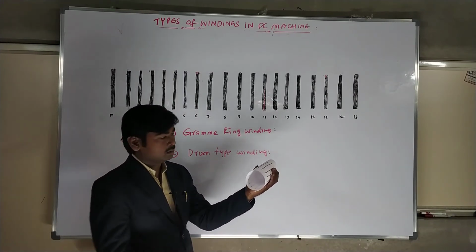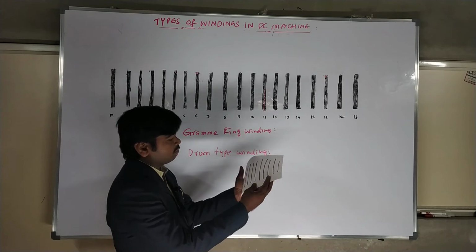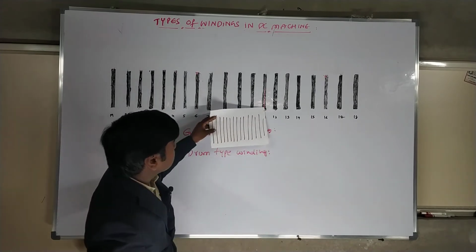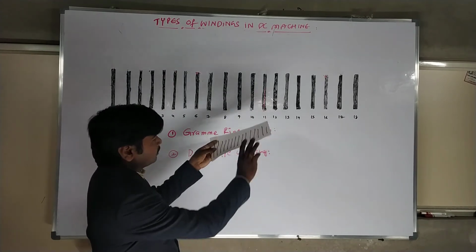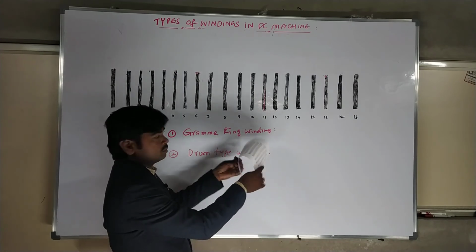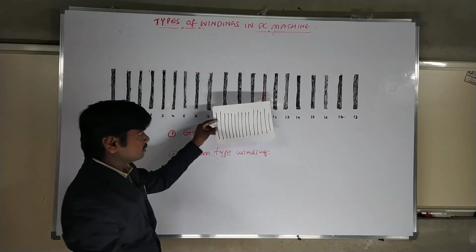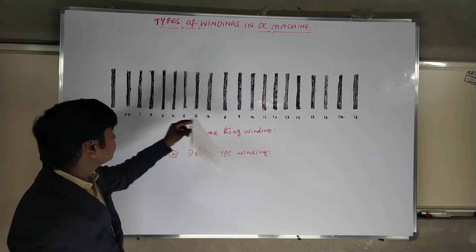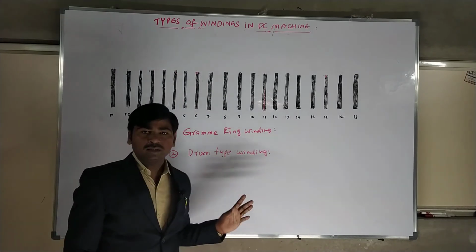If this drum type winding is cut into pieces and opened like this, it looks like this. This is the side view, and this is the conductor setup I have drawn. So the drum type winding is clear.